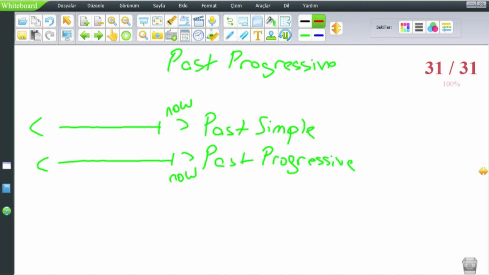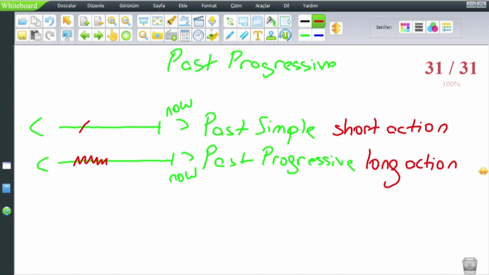Past simple, yes, it happened in the past, but it was a short action. Past progressive, again, happened in the past, but it happened for a while. We're talking about a long action that happened in the past.